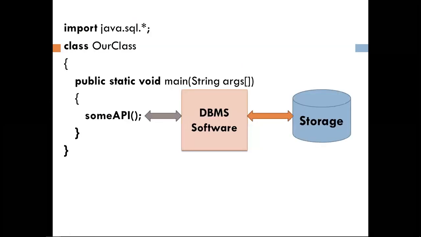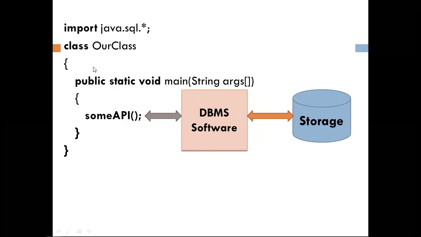With these things in mind, if we want to link our program to the database, this is how it will be done. In our program, we will be importing the library packages in order to interact with the database.